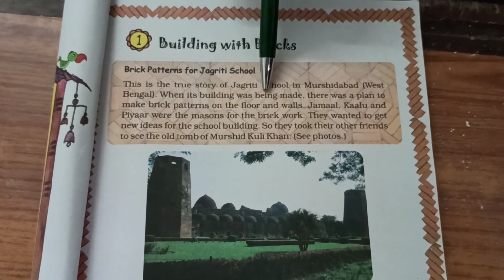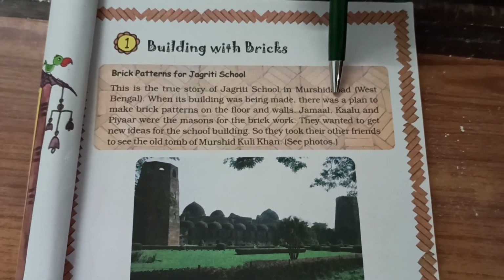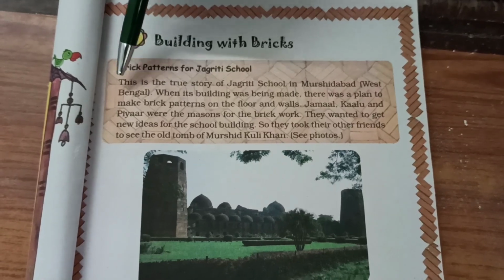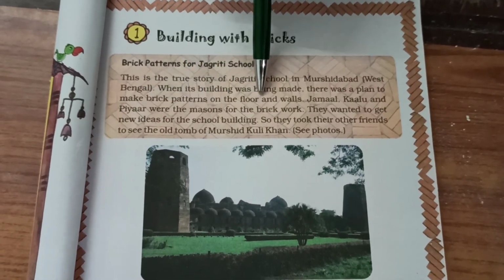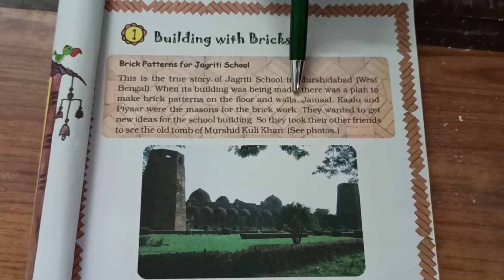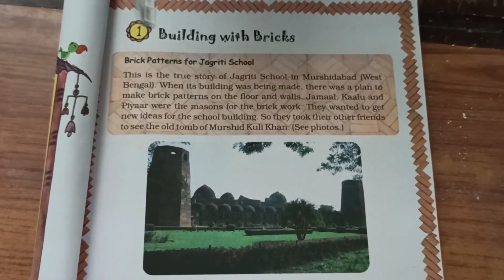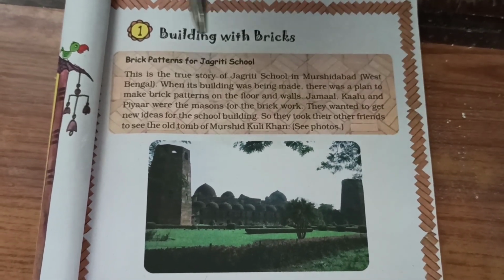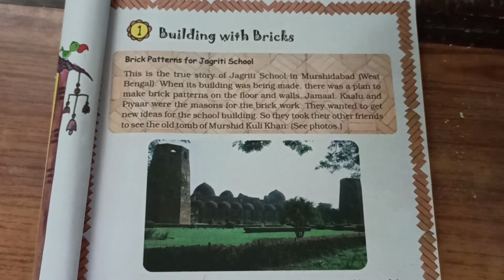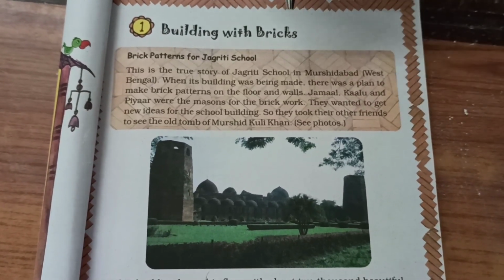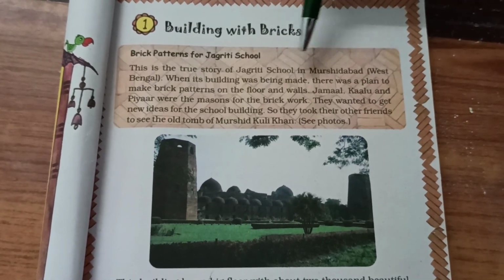When its building was being made, there was a plan to make brick patterns on the floor and walls. So when the school decided to build a building, they decided to make the walls and floors of the school building with the help of bricks.